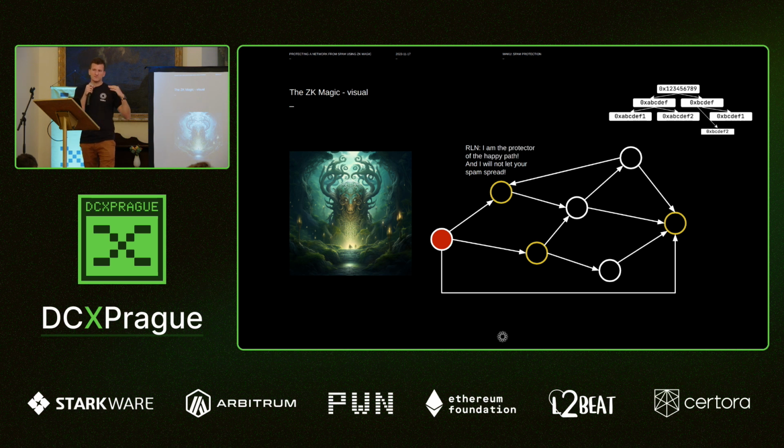Because you just need to have some identity for the user or his IP or his email or something, and then say, whenever this user tries to send a message, I'll just not allow him to send more messages. That's easy, but we don't want to have these identities here. We want to have a privacy preserving network where people don't have to share their private information. So by registering some secret that is random in that tree, we can prove that we are part of the membership set and that we have sent some amount of messages per epoch.